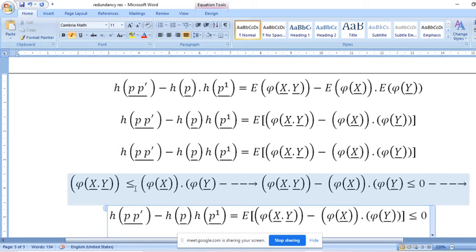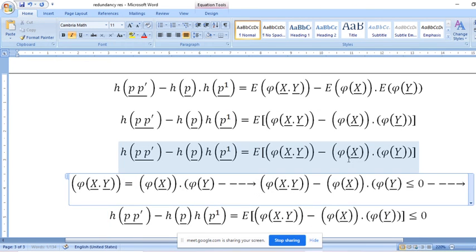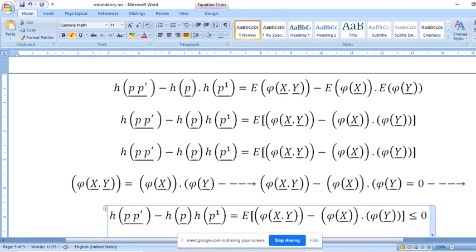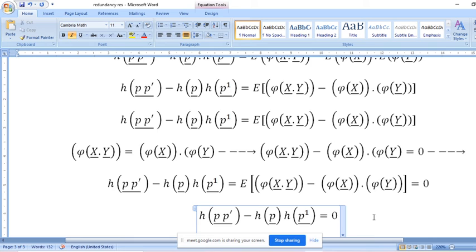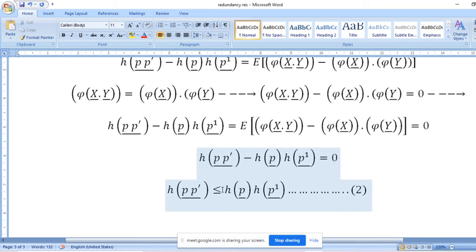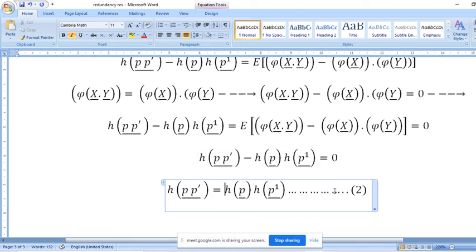Then we can apply this equality. So this will be equal. So automatically after substitution this will be equal. Okay. What happens? So as a result it will be equal to h of p into p dash equal to h of p into h of p dash, right?